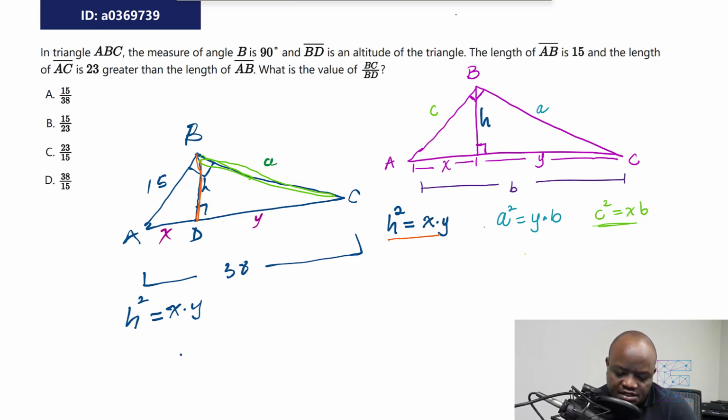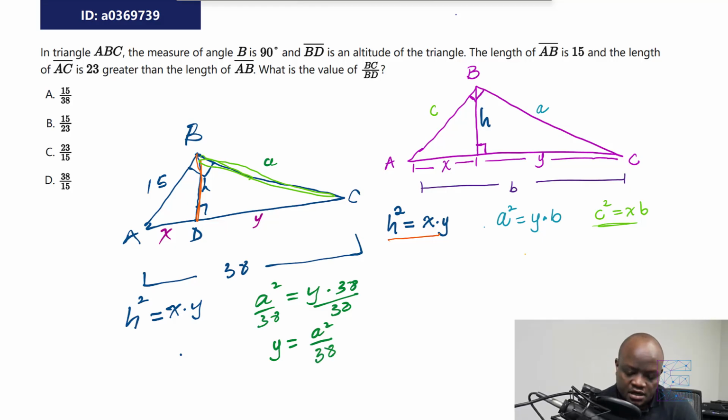So we're going to say a squared equals y times the whole length, which is 38. So we can solve for y here by dividing both sides by 38, and we end up getting y equals a squared over 38.